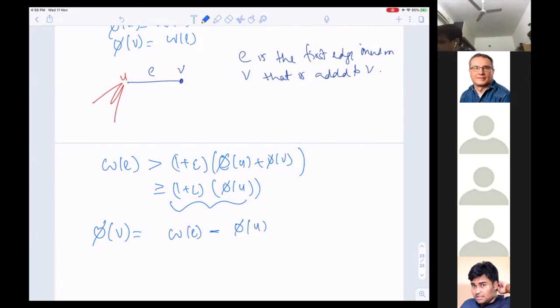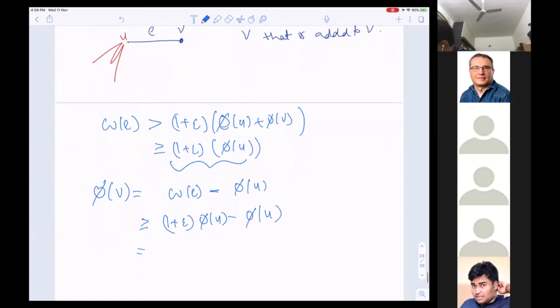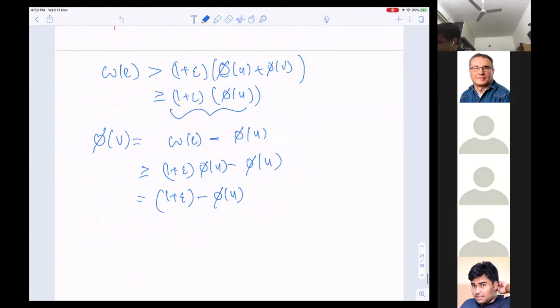So somehow we need to show that weight of E minus phi of u is greater than or equal to epsilon times phi u. This is what you can actually show.